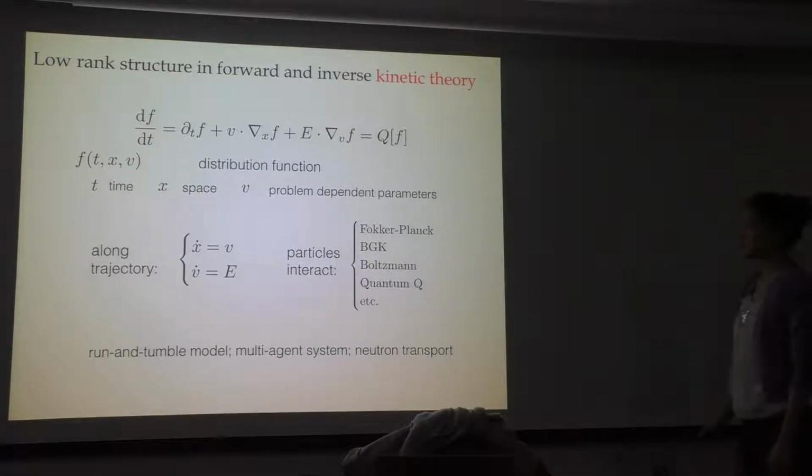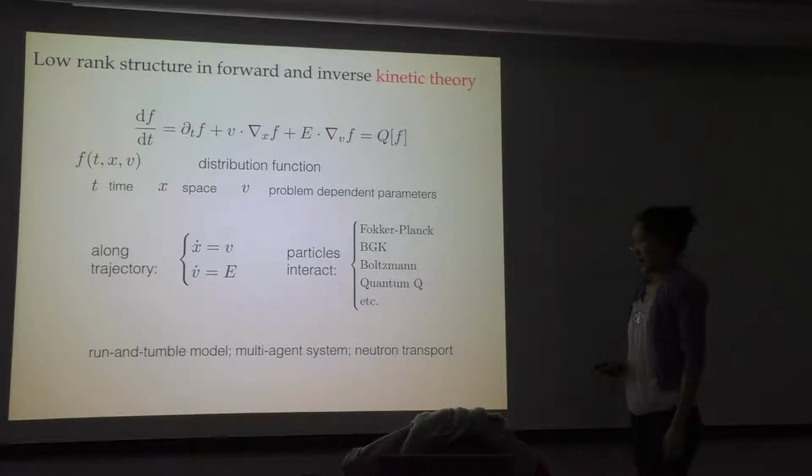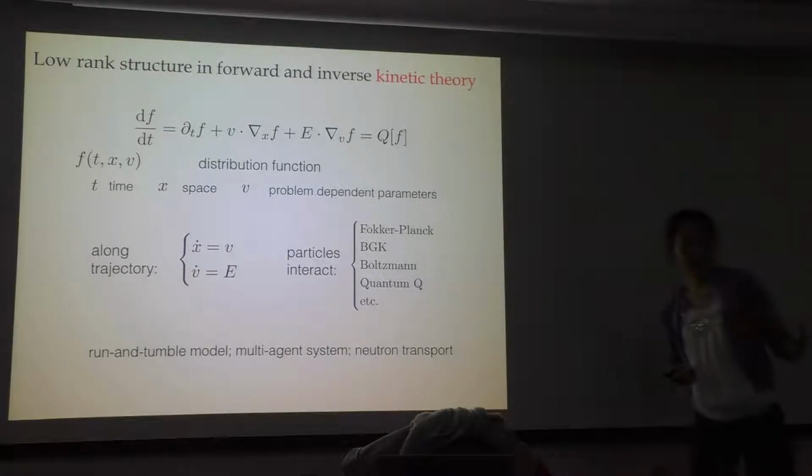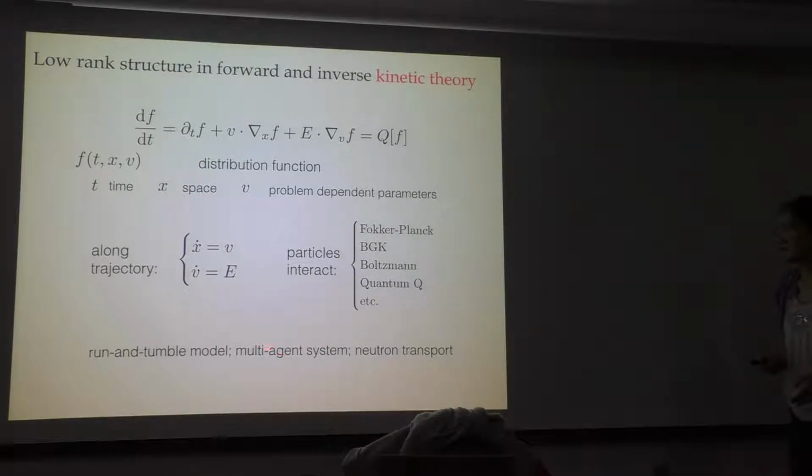Some similar models are the run and tumble model, used for modeling the dynamics of bacteria, and multi-agent systems, written down for simulating how human beings interact with each other for economic systems. And the neutron transport equation looks almost exactly the same as the radiative transfer equation. So they are all under the framework we call kinetic theory.